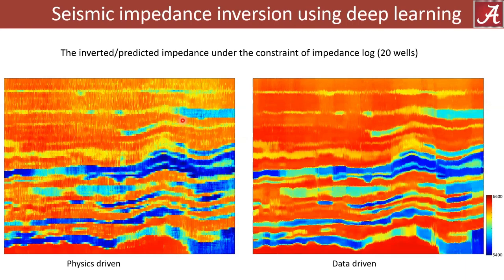We can see the data-driven method needs at least 20 wells, no matter whether it's noise-free or 10 dB noise-contaminated data. And between these two methods, data-driven has better performance on noisy data when it has enough wells, like about 20.